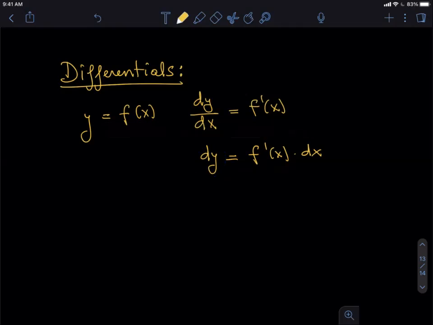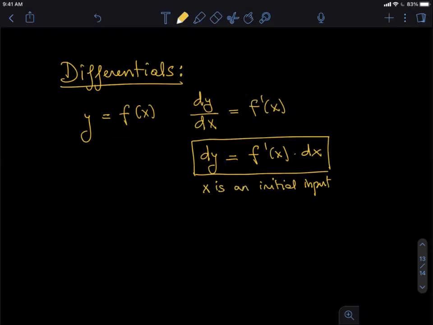So let's understand this formula. This is the definition of the differential dy. Okay. So in this formula, x is an initial input. Okay. The dx is a small change in the initial input.